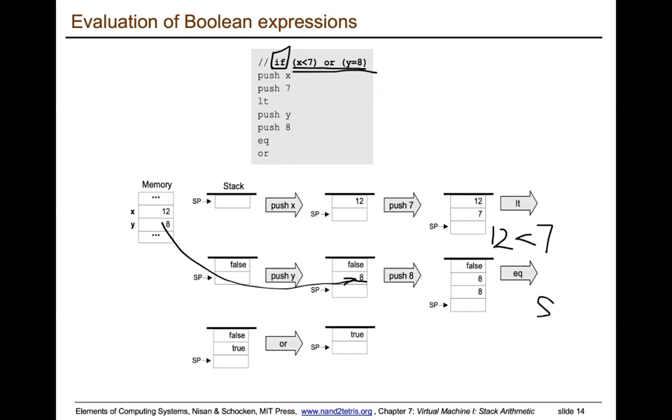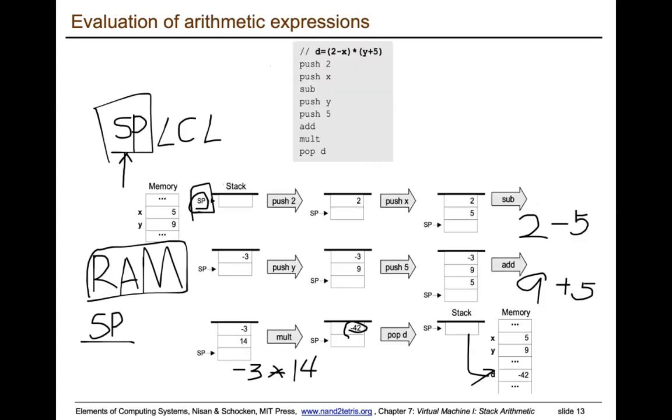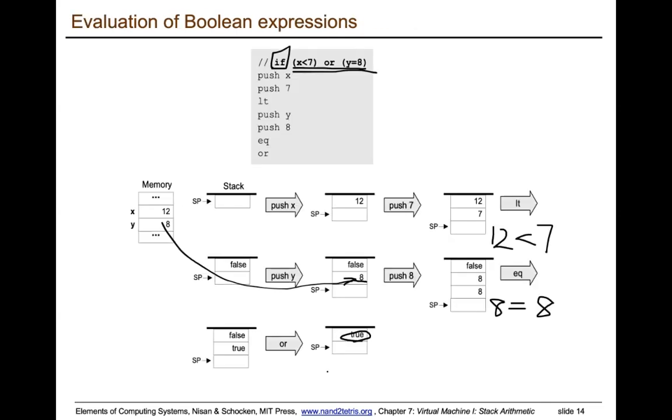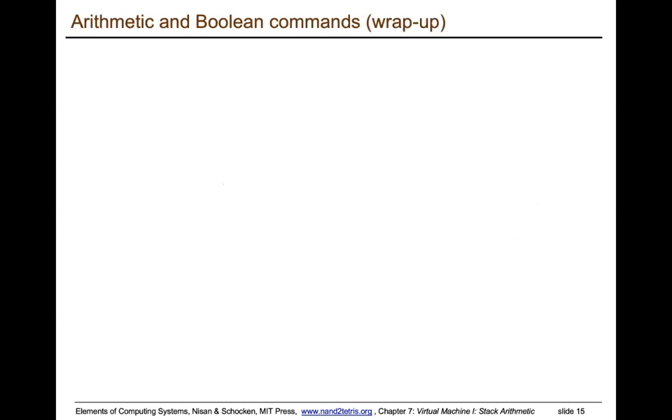It asks whether 8 equals 8 or not, so the answer is true. Then it will be true or false, so the result will be true. So this is the Boolean expression. You can see that if I give you an arithmetic expression, you can calculate the value. If I give you Boolean values, it can also do the same.